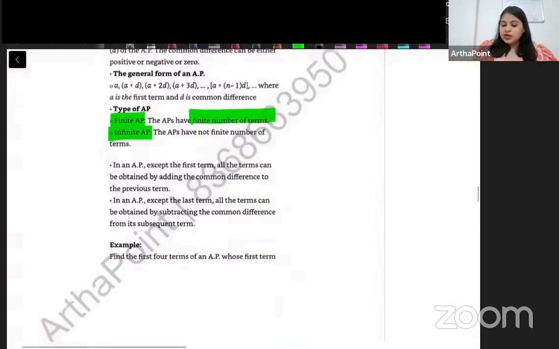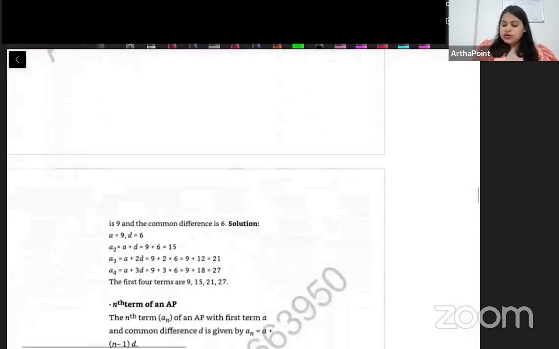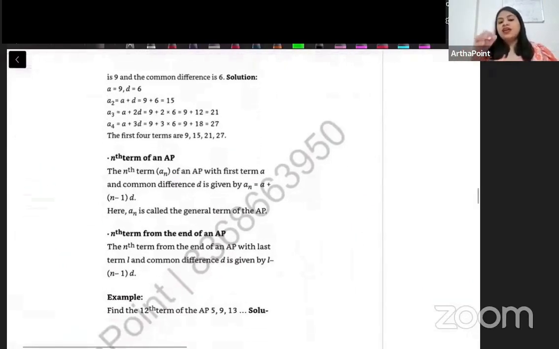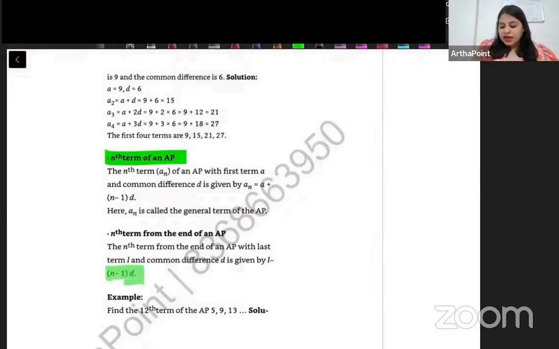Very simple. So now let us talk about the formula of the nth term of an AP. In exam, suppose they ask you to find the 5th term of an AP, find the 10th term of this AP. So the nth term of the AP is given by a plus n minus 1 into d.